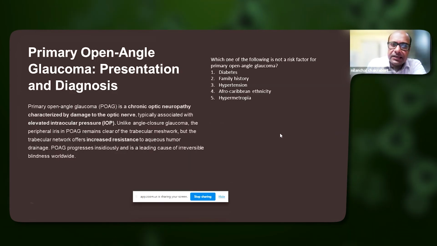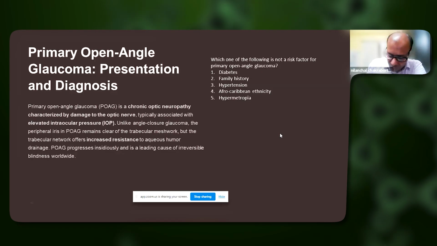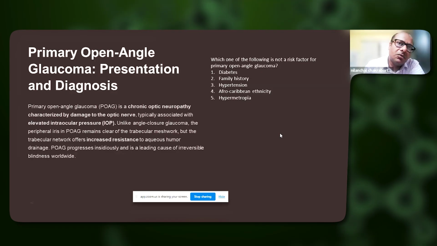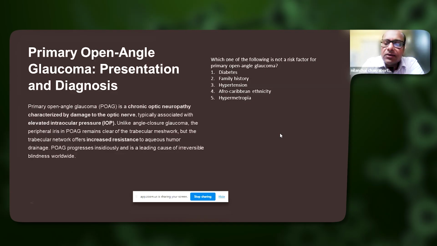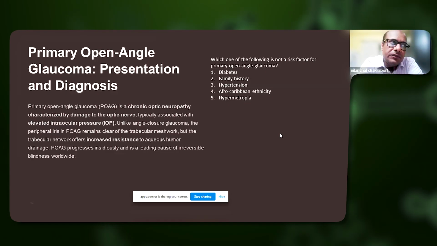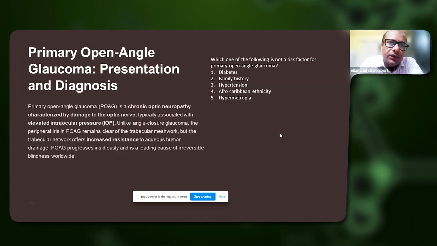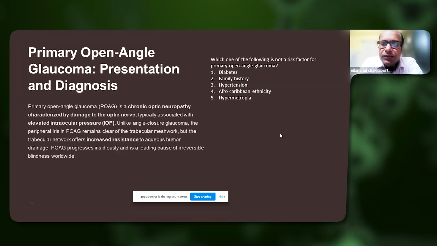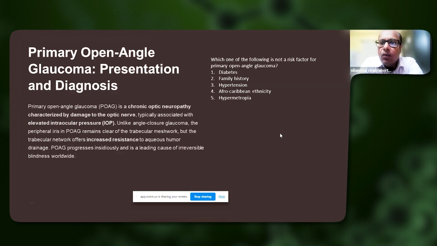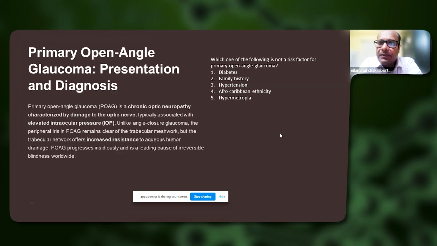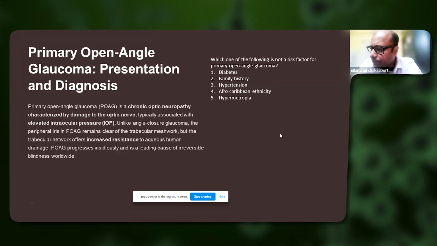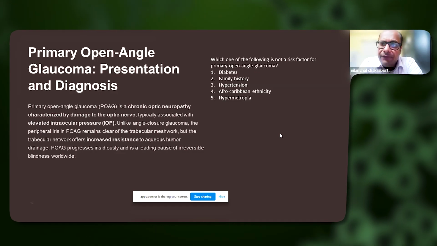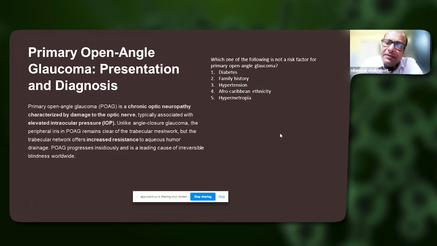Another topic is glaucoma. Two types. One is open angle glaucoma and the other is angle closure glaucoma. So in open angle glaucoma specifically, there is no obstruction. So it is a problem with the flow. So the question is, what are the risk factors for primary open angle glaucoma: diabetes, family history, hypertension, Afro-Caribbean ethnicity, or hypermetropia?